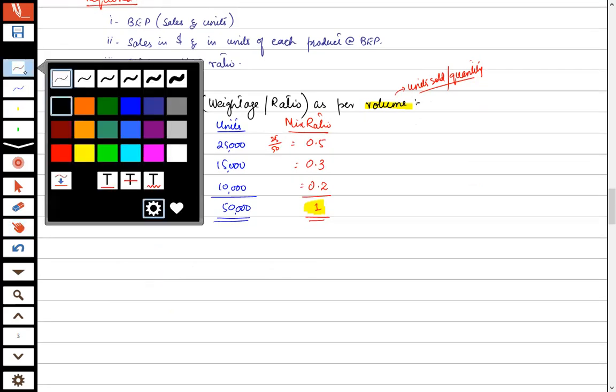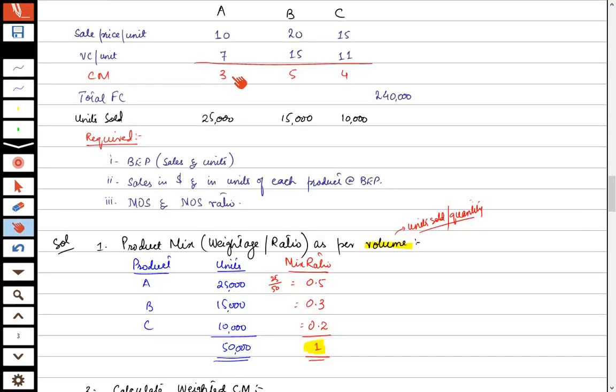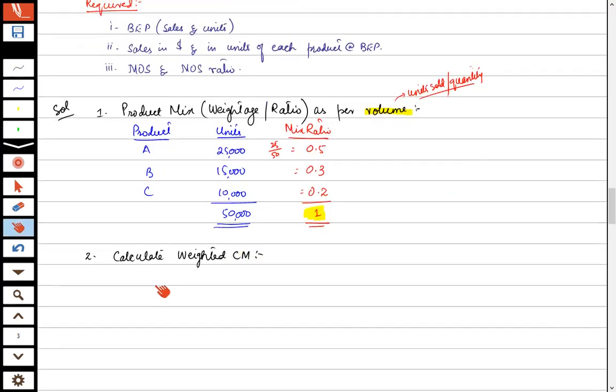Now, for the second step, we will calculate weighted CM. This was the simple CM. Now we will calculate weighted CM.